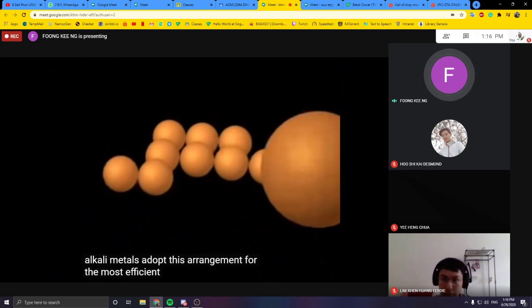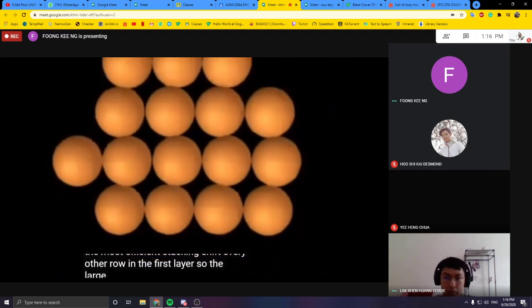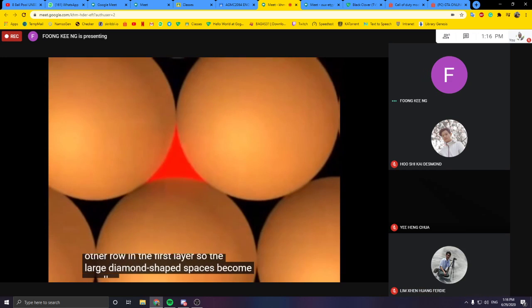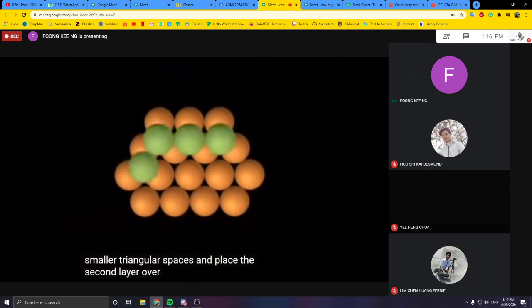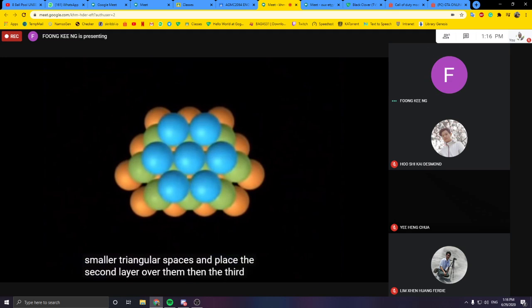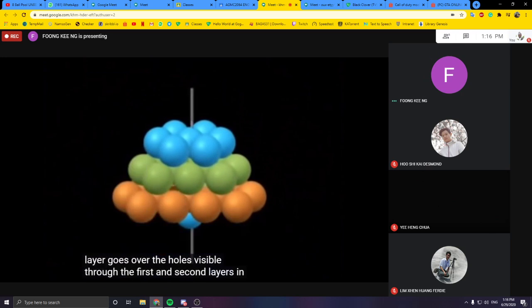For the most efficient stacking, shift every other row in the first layer so the large diamond-shaped spaces become smaller triangular spaces, and place the second layer over them. Then the third layer goes over the holes visible through the first and second layers.